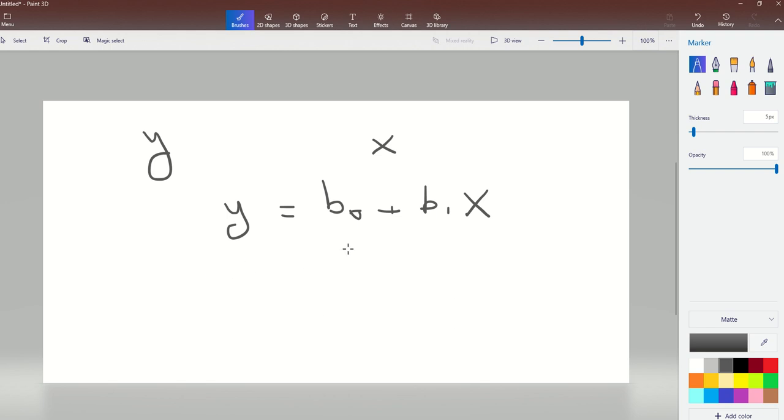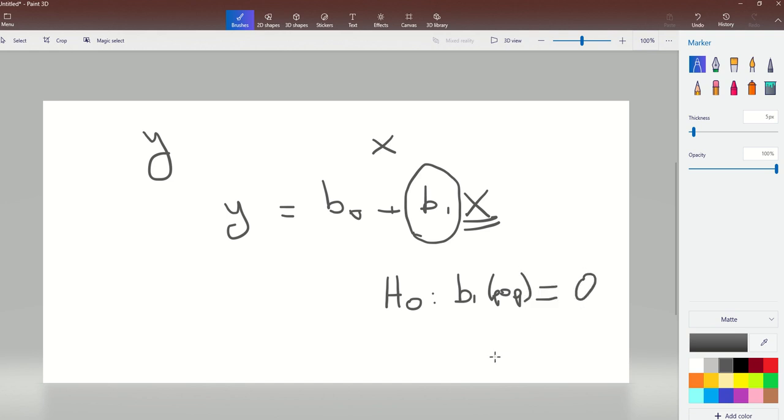The statistical significance will come by testing whether this slope really exists or not. So the null hypothesis will be that the slope for x, the real value of beta 1 in the population, since we always test using the population value, is equal to 0.